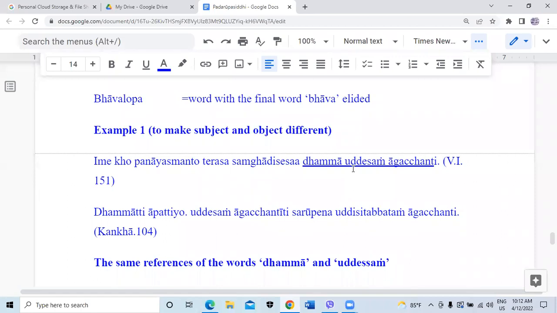One point is that Dhamma and Odisha are different, because if Odisha refers to Dhamma, Odisha must be plural, right? In reality, Odisha refers to Dhamma, but what we see is singular, not plural.